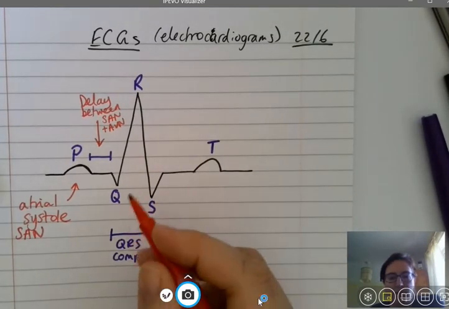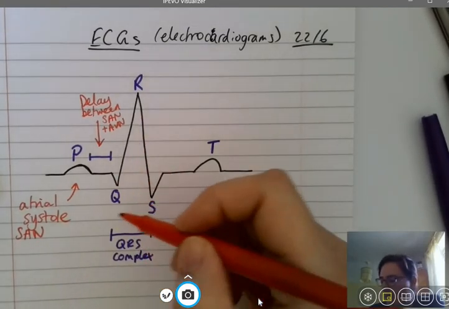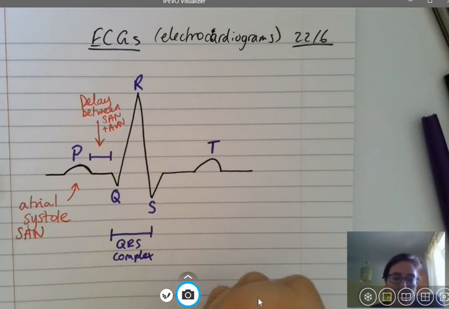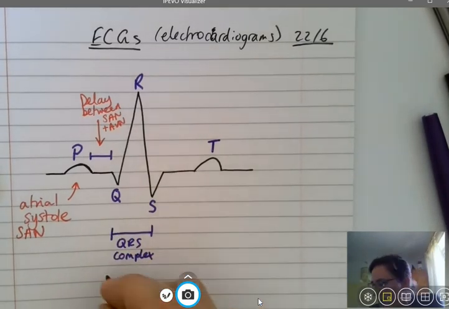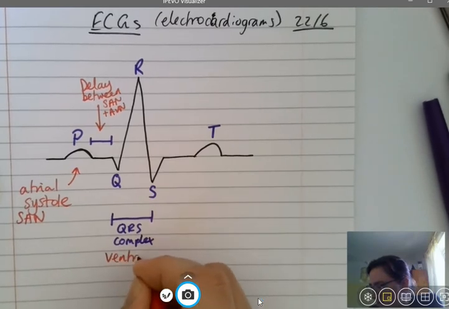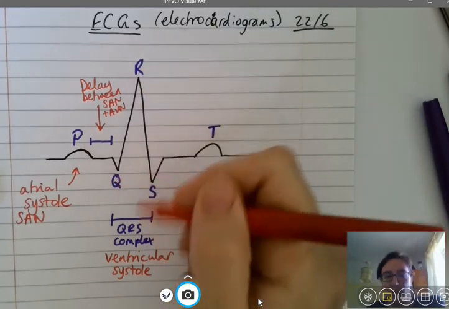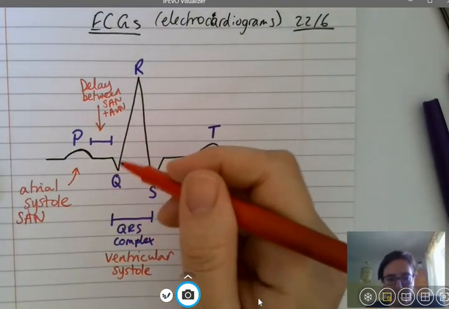Then our QRS complex, hopefully you've all worked out, because it is the biggest change, is going to be to do with ventricular systole. So this coincides with our ventricular systole, and we know that this requires a much greater contraction, so it's no surprise that the electrical activity is also much greater.